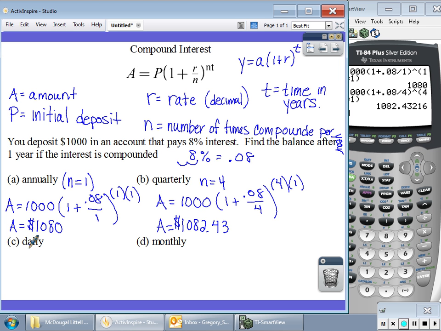Now we'll compound daily. Think about how many days are in a year, and you're going to exclude leap years. So this is 365. A is equal to 1,000 times (1 plus 0.08 over 365) raised to the 365 times 1.